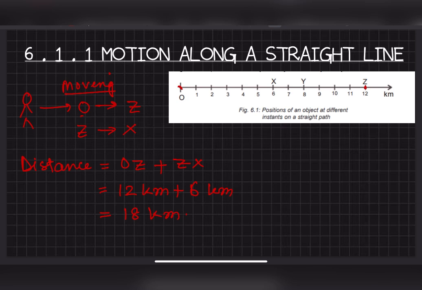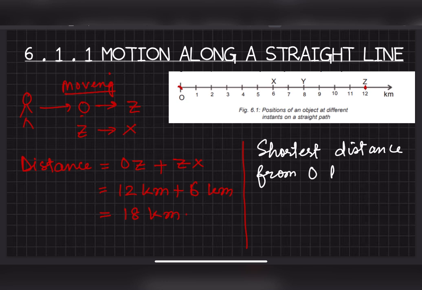Now let's say this is the distance. Now what will be the shortest distance? Shortest distance from O to X, distance from OX.